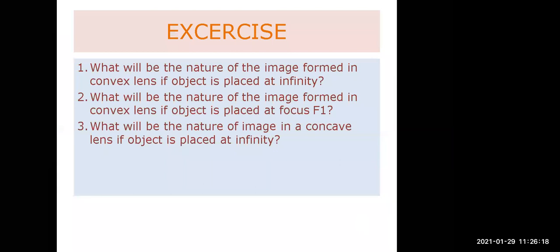Okay, so let's solve this exercise. Now tell me, what will be the nature of the image formed by the convex lens if the object is placed at an infinite distance? I'm talking about the convex lens. If anybody knows, tell the answer.